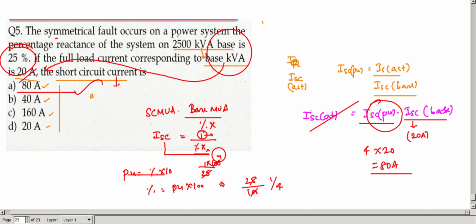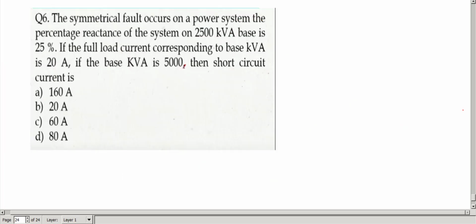Okay, next question. Let's see the next question here. Same question here, you can see here the symmetrical fault occurs on a power system. The percentage reactance of a system on 2500 kVA base is 25%.